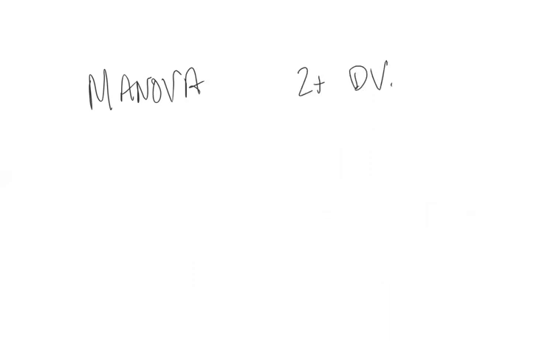Now, we also have a MANOVA, and MANOVAs have two plus dependent variables. So we could have empathy and respect and trust, which would mean we have three dependent variables and we're measuring them separately. So we could have a 2 by 3 factorial. It's like Garanimals.